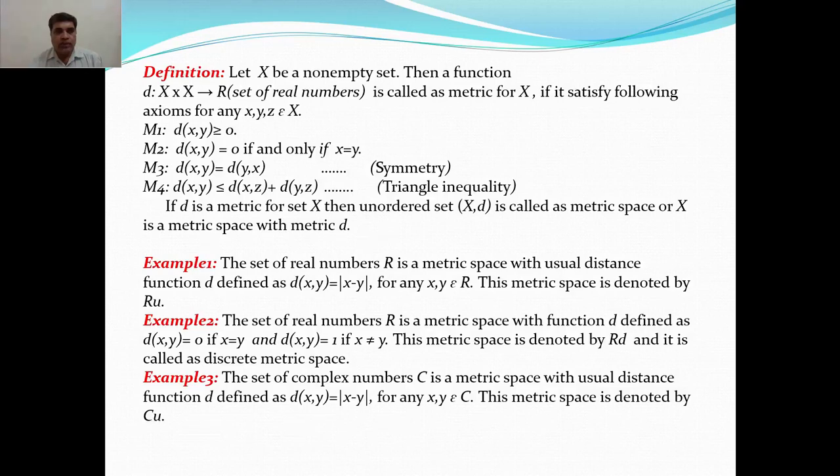Mod of a minus b is equal to 0 if and only if both real numbers are equal, that is a equals b. Then mod a minus b is the same as mod of b minus a, that is, the distance of a from b and the distance of b from a are equal.